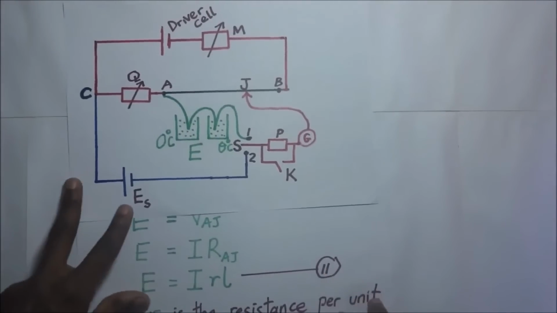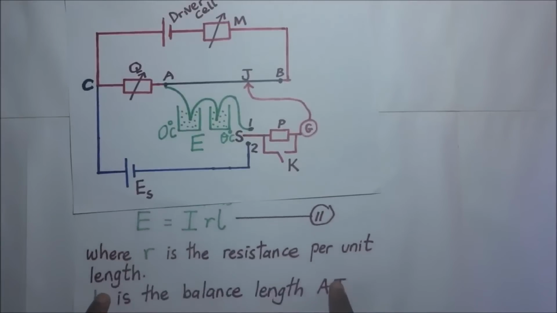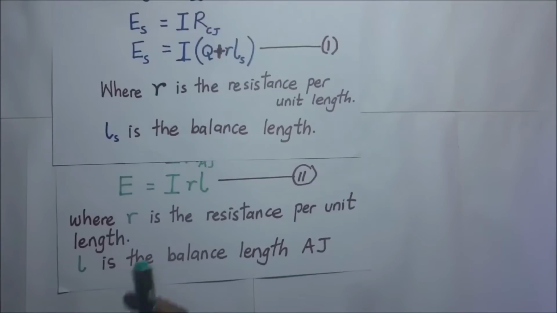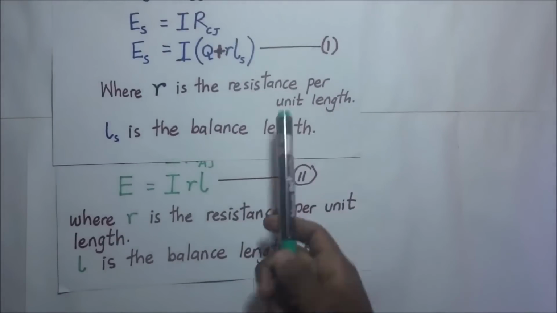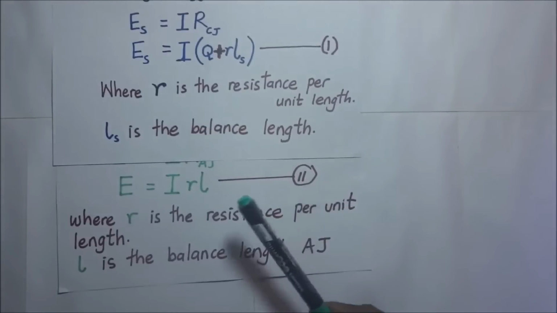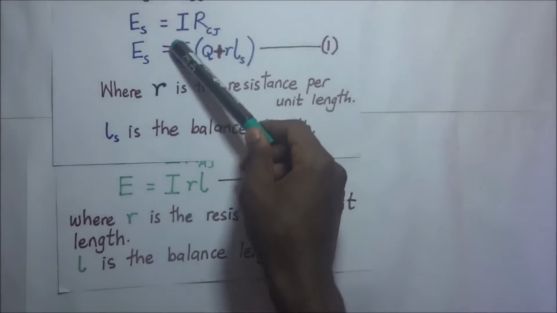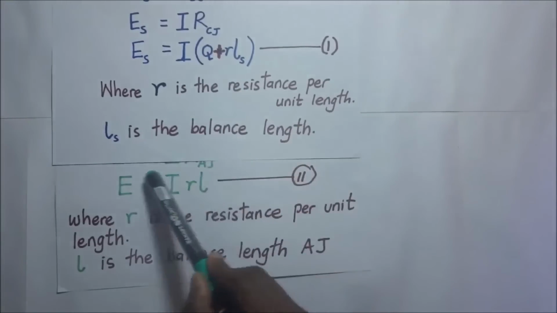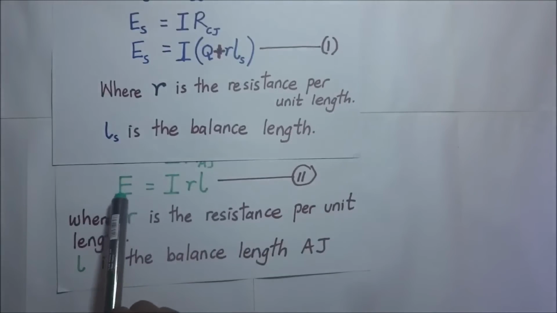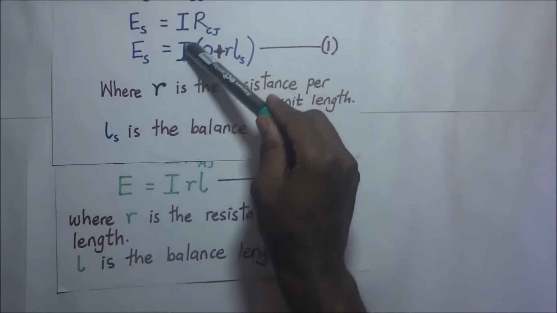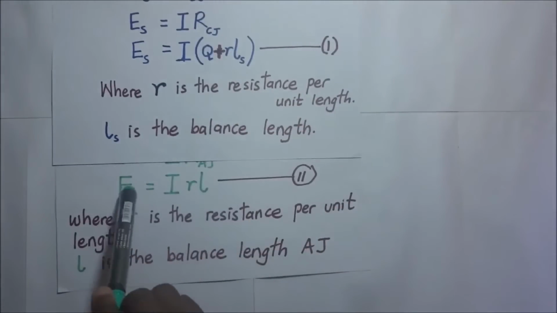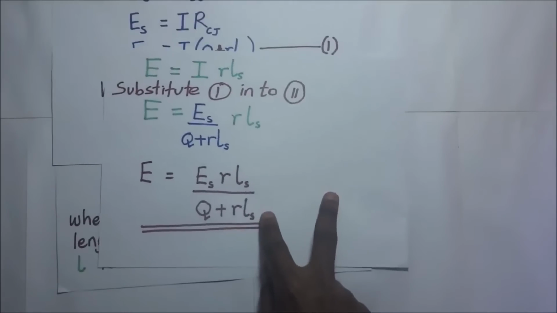Of course, now after getting our two equations, we will go ahead and compare them. Our first equation was this, our second equation was right there. So we can go ahead and substitute the value. The current going through that portion of the wire is the same, so we can substitute for I in this second equation. Since we're interested in finding the thermometric EMF, or the small EMF in the secondary circuit, we substitute for the value of I into this expression, and we're able to get our value of E. This is exactly what was achieved here.